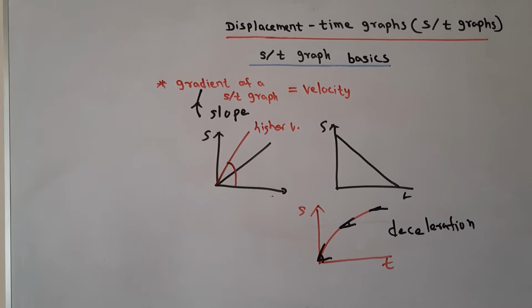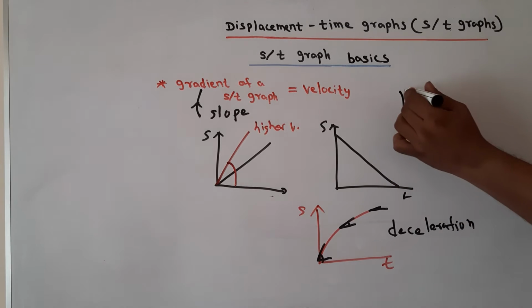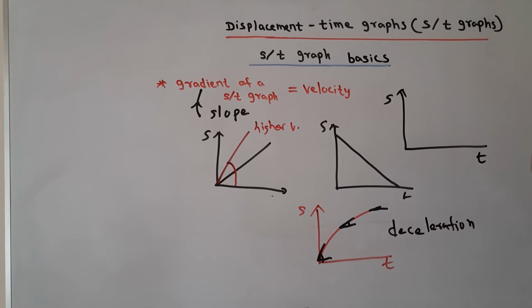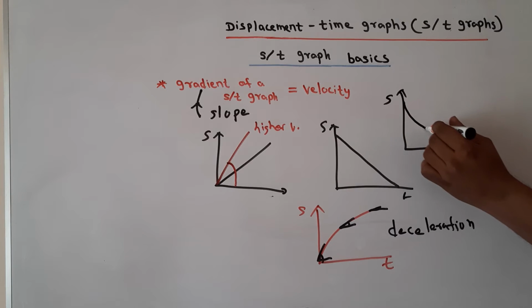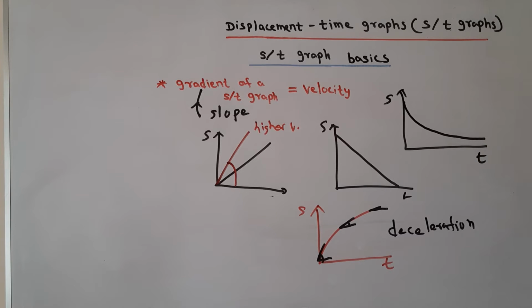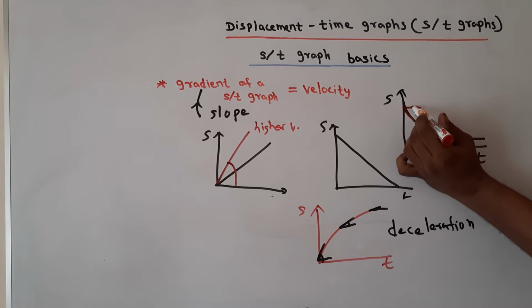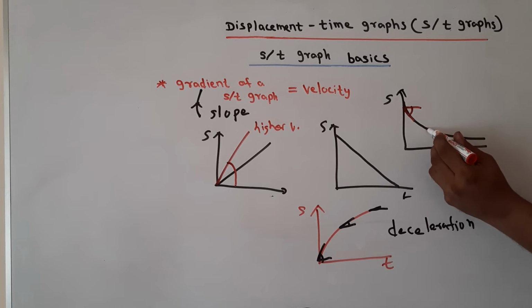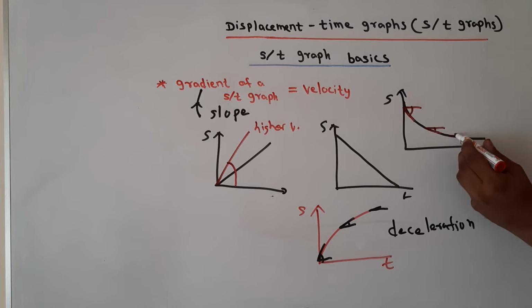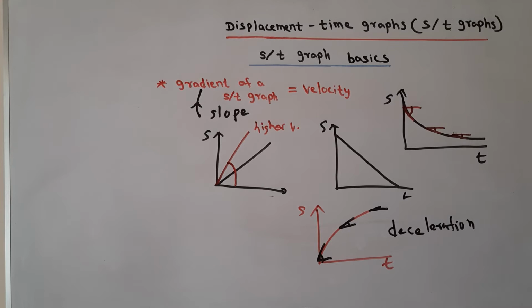Shall we consider another graph? What about such a shape? Initially, the slope is steeper, and here also the angle with the horizontal gradually decreases, and at the end actually no angle with the horizontal.